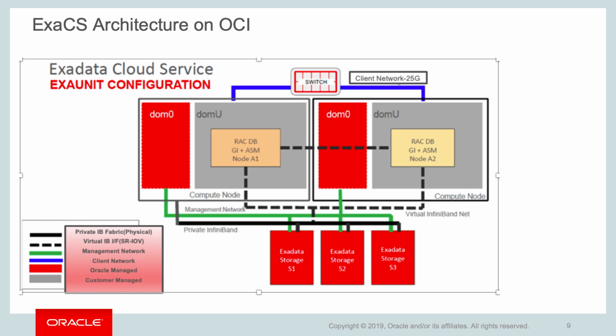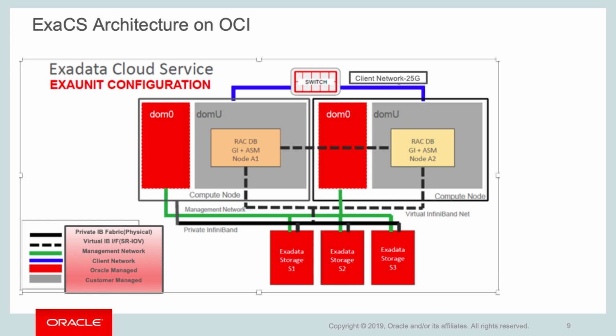Now we'll look at the ExaCS architecture on OCI. Each Exadata database server contains at least one virtual machine known as DomU. They are running on a VM hypervisor known as Dom0, and this configuration ensures a distinct separation between the Oracle-managed and customer-managed components.